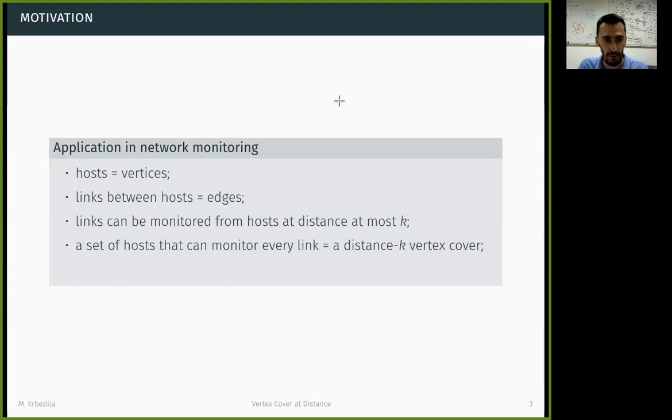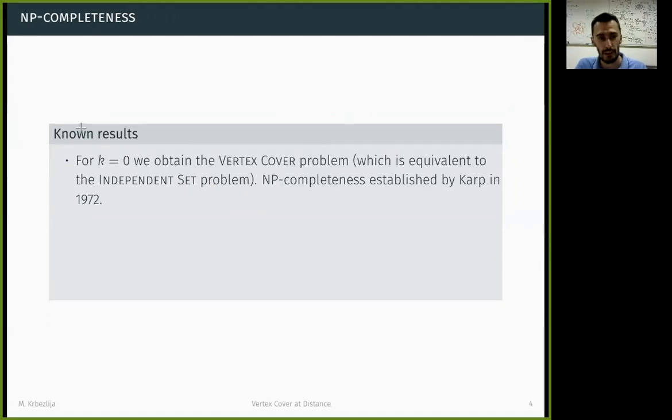And since we want as few hosts as possible, we want to minimize the number of hosts needed for the monitoring. That is, we want to minimize the distance k vertex cover. In the case when k equals 0, we, as said before, have the vertex cover problem.